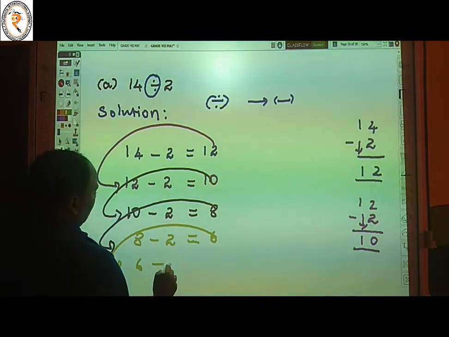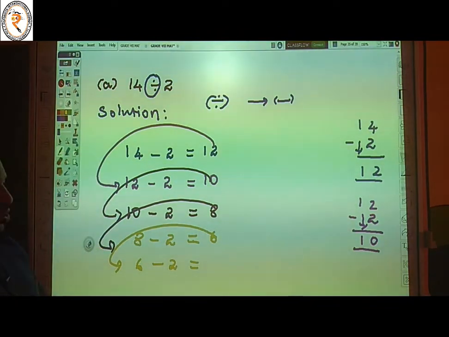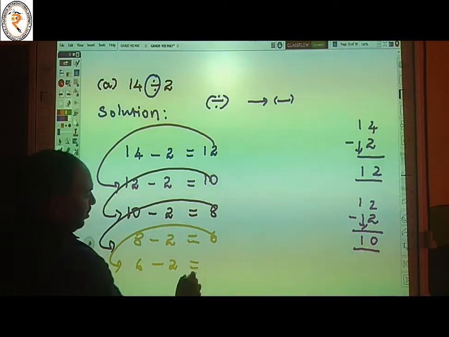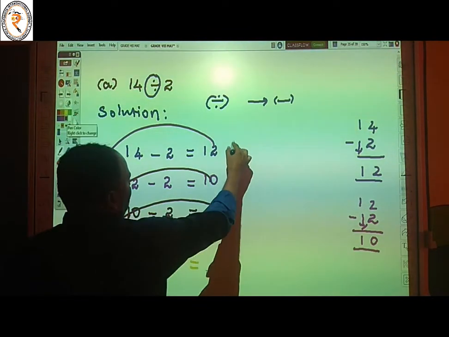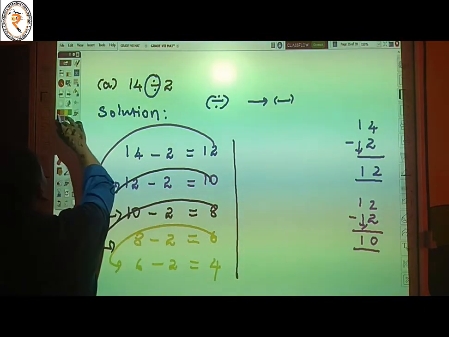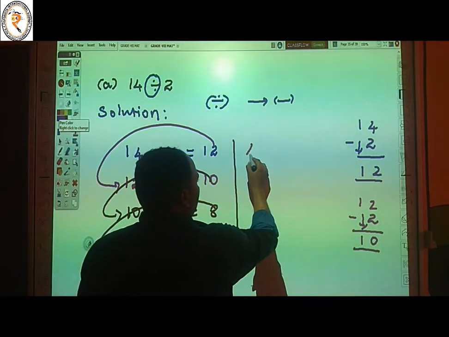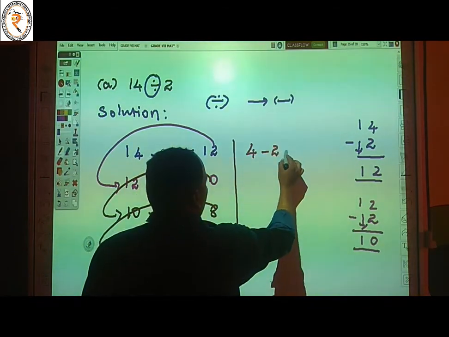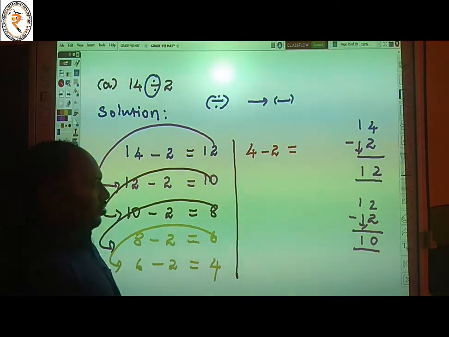6 minus 2 is equal to 4. Our answer is 4. So we want to again minus 2. 4 minus 2 is equal to 2.